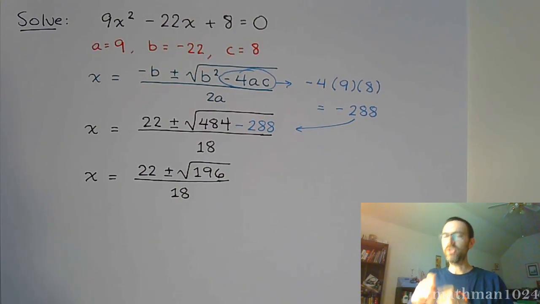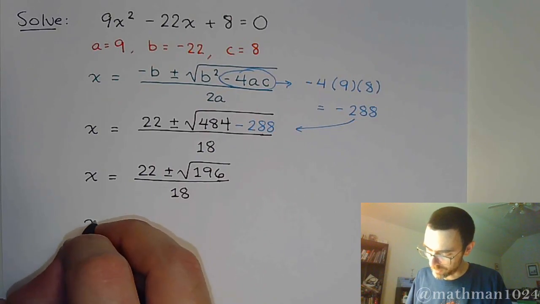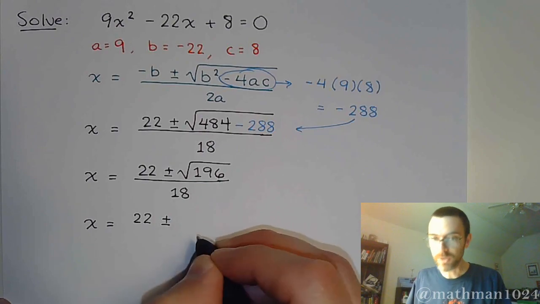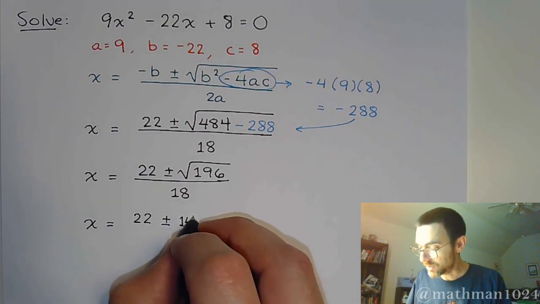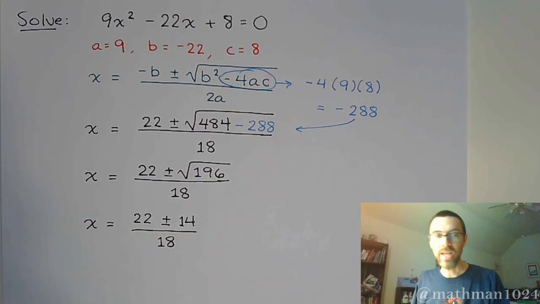I'll just box this, and it'll be good. No, keep on going here. So x equals 22 plus or minus, please make sure you understand that the square root of 196 is 14, all over 18.